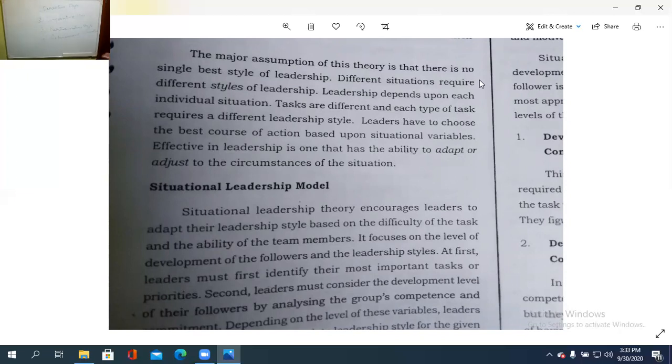In that particular circumstance, how the leader followed or how the leader performed, based on the subordinates' performance, the leader performs. So that is, leaders have to choose the best course of action based upon situational variables. Effective leadership is one that has the ability to adapt or adjust to the circumstances of the situation.